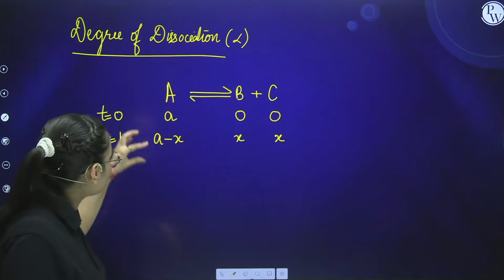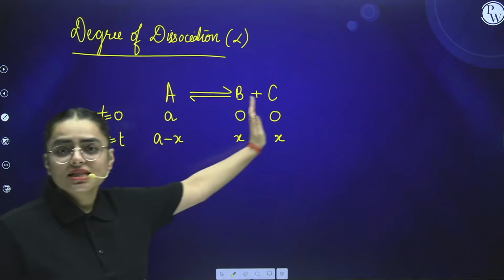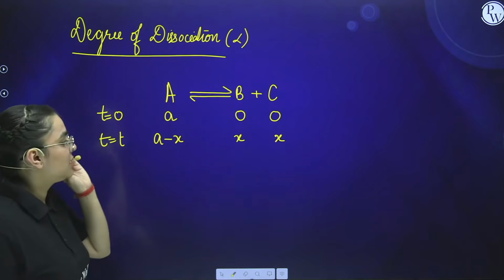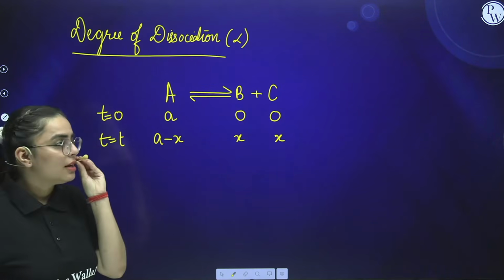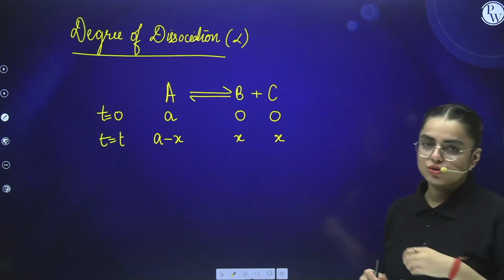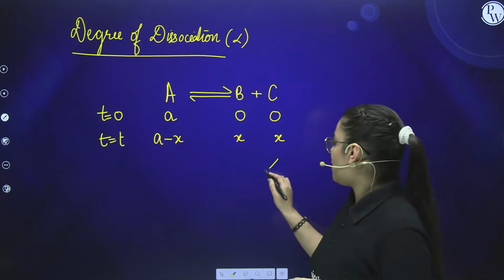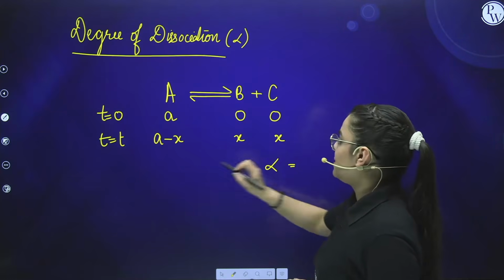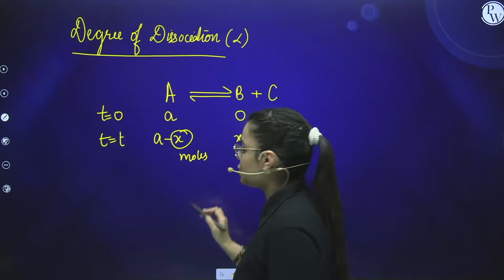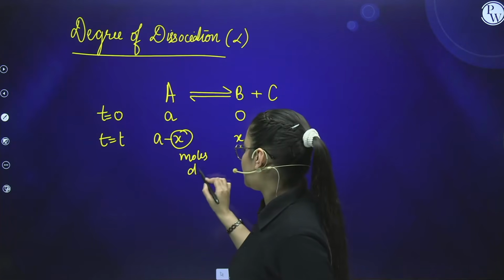That means if I am taking X moles from here, then X moles are going to be prepared. Okay, this is what degree of dissociation is. Now here X is basically our degree of dissociation. Not degree of dissociation, sorry, X is the moles dissociated.